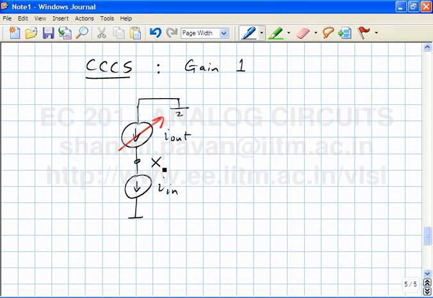If I out is greater than I in, what will happen to the potential at X? It will increase. One way of making sure that I out is exactly equal to I in is to monitor the potential at X, compare it to ground, and tweak I out until the node potential at X comes to ground, which will only happen when I out is exactly equal to I in.